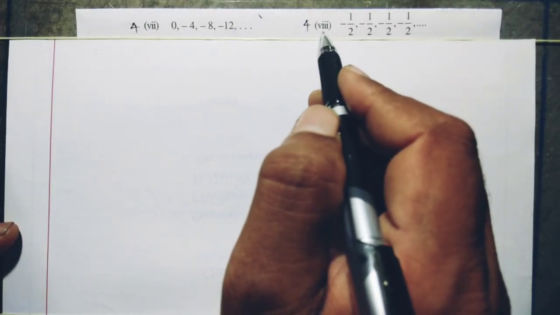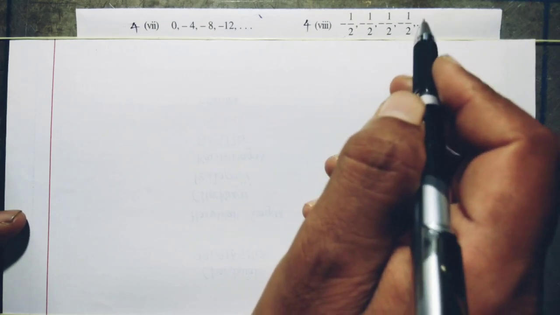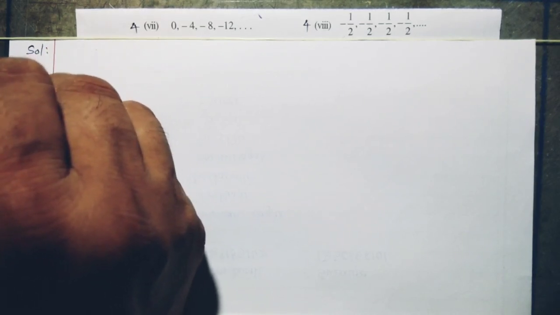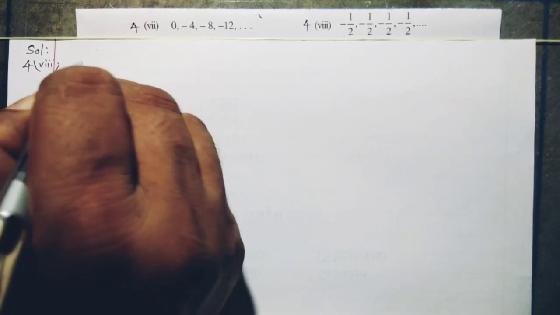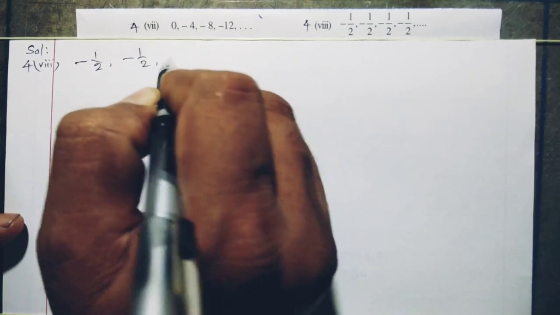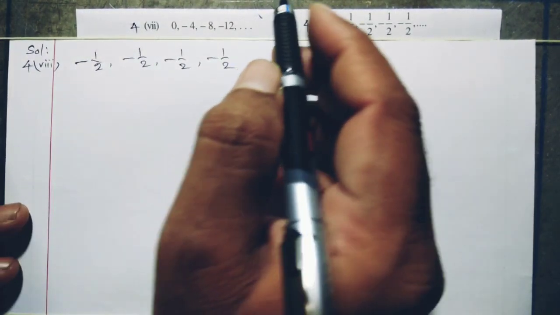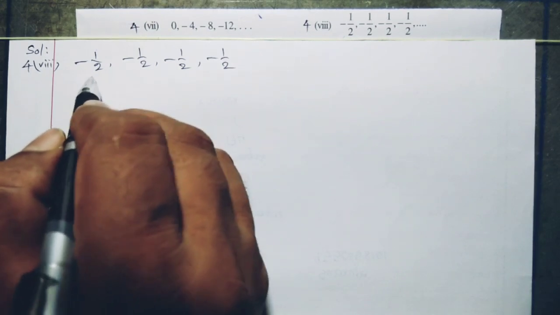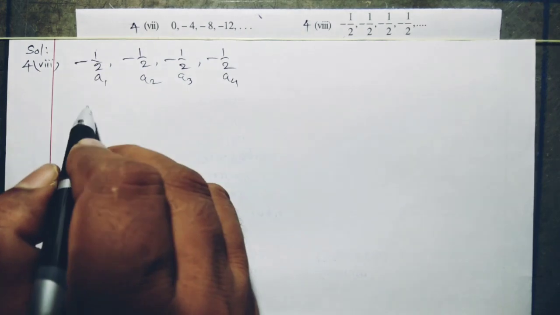Fourth bit, eighth problem: minus 1 by 2, minus 1 by 2, minus 1 by 2, minus 1 by 2. Solution for fourth bit, eighth problem: given minus 1 by 2 repeated. Here a1, a2, a3, a4.